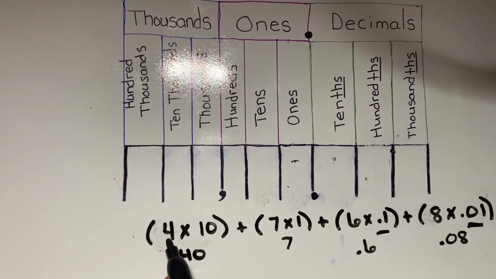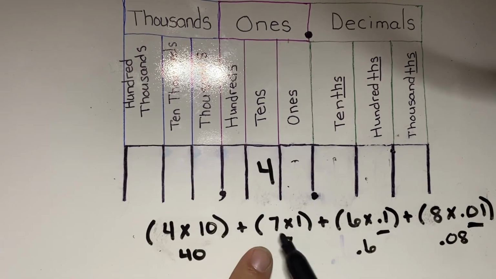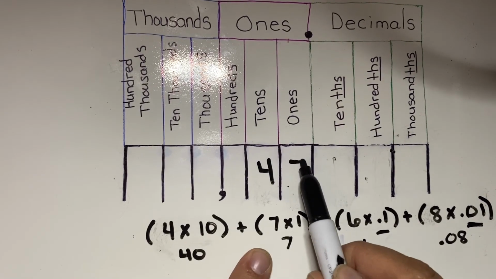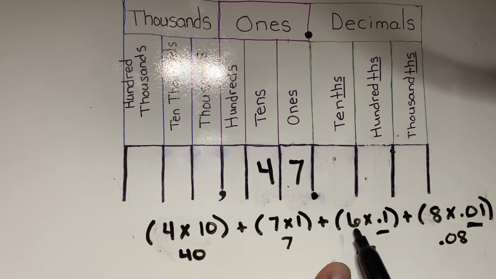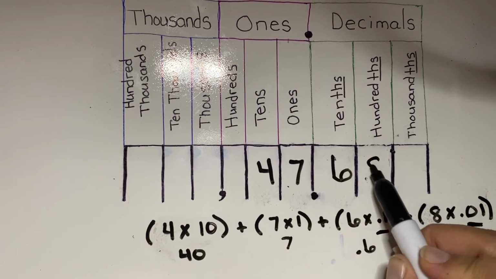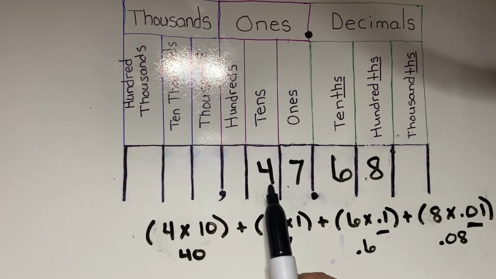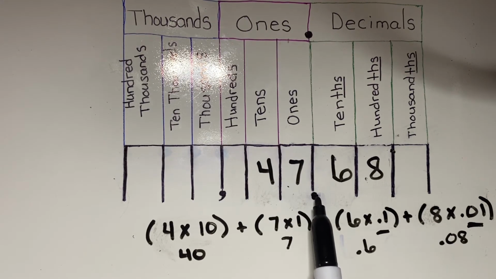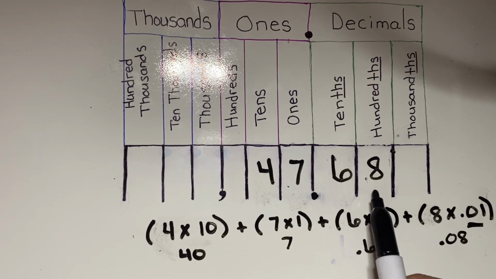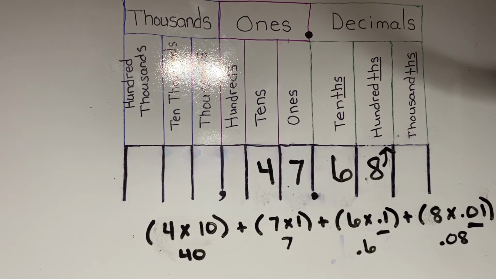I can look at it like that and put it together, or it might be easier to simply say, okay, I have 4 tens. Here's my tens. I have 7 ones. I have 6 tenths. And I have 8 hundredths. So as a decimal, it's going to look like 47 and 68 hundredths.